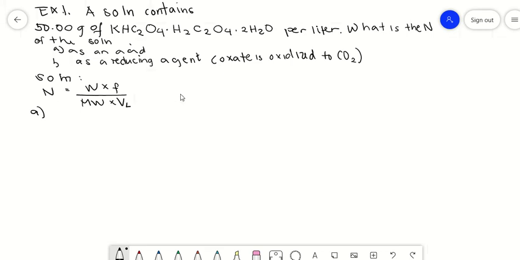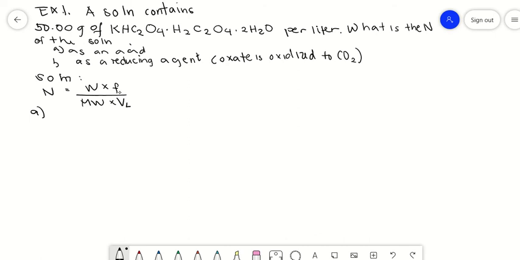So no problem in determining the normality as an acid. So just use this formula. Normality is equal to weight times the factor divided by molecular weight times the volume in liters. So the factor here as an acid would be the replaceable hydrogen ion.